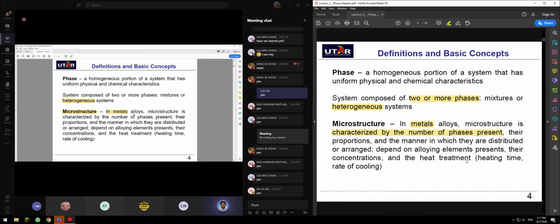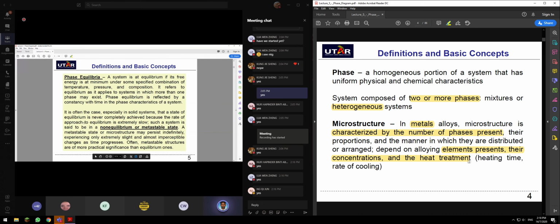For example, martensite, ferrite, pearlite, and so on. Their proportion and the manner in which they are distributed or arranged depend on the alloying elements present, their concentrations, and also the heat treatment, heating time, rate of cooling, and so on, which we have discussed previously.